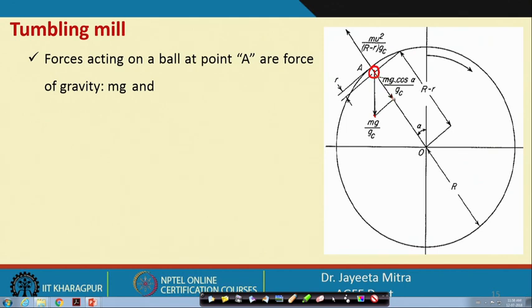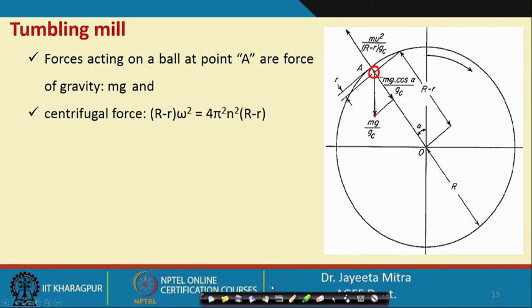So, mg cos alpha will be directly opposing this centrifugal force. And the distance from the center of the mill to the center of the ball will be capital R minus small r. Now, centrifugal force is omega square r, where r will be capital R minus small r, because that is the distance at which it acts on this particle.